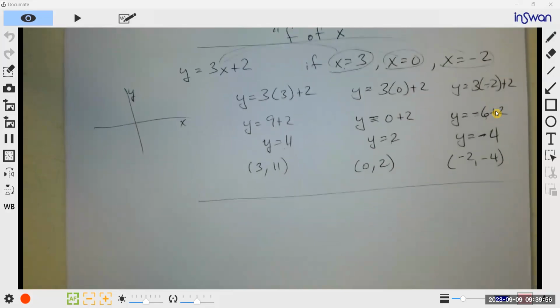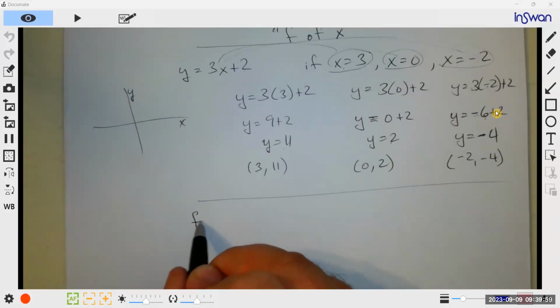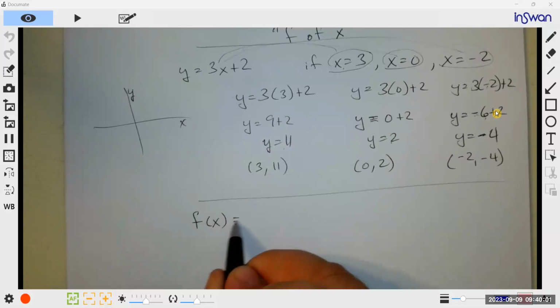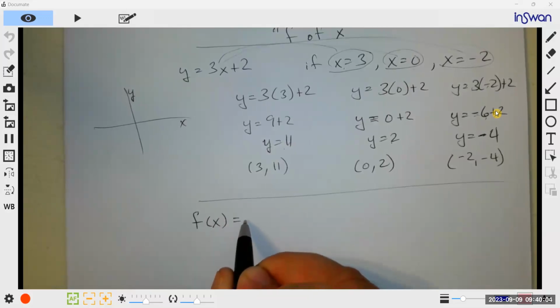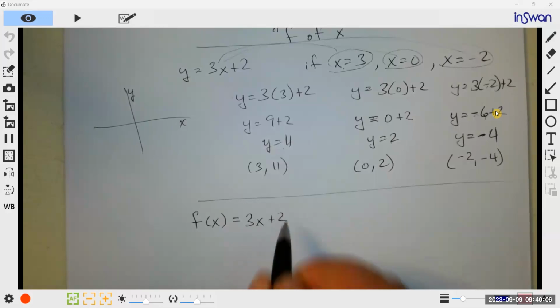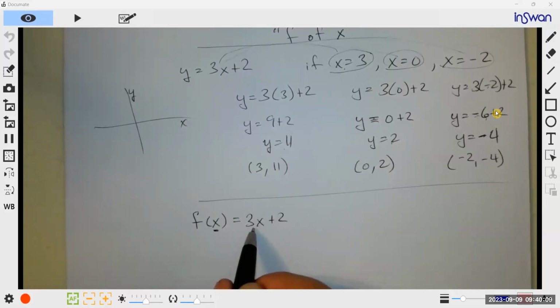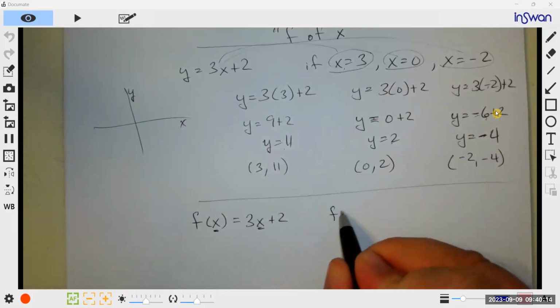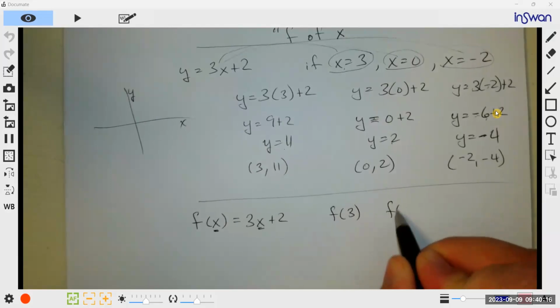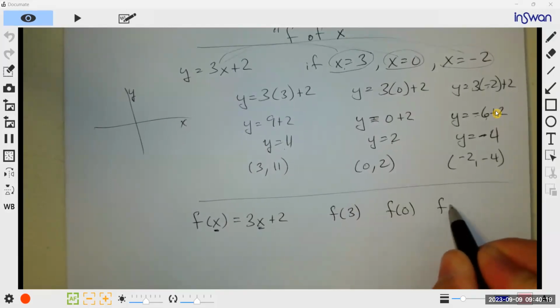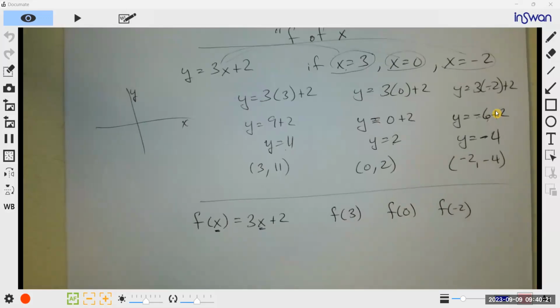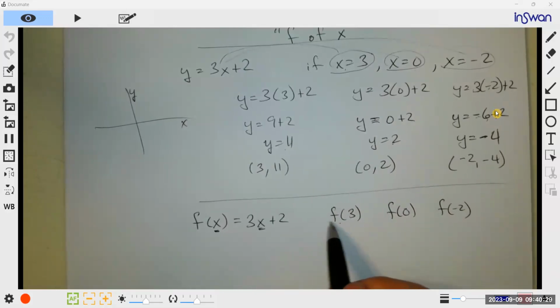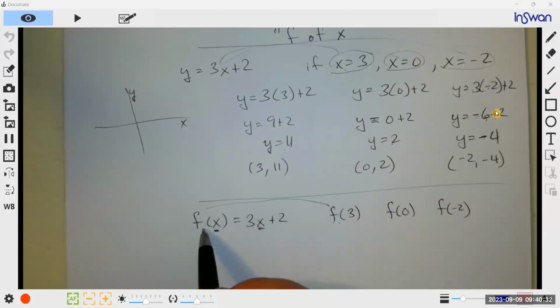We could do the same thing with functions, though. So the function f of x is 3x plus 2. It means anything I put in the parentheses goes in place of x. Anywhere I see an x, I put whatever's there. So this is how I would ask these questions. First off, it's a lot easier than writing that. And what this one says is go to the function f, which is this.